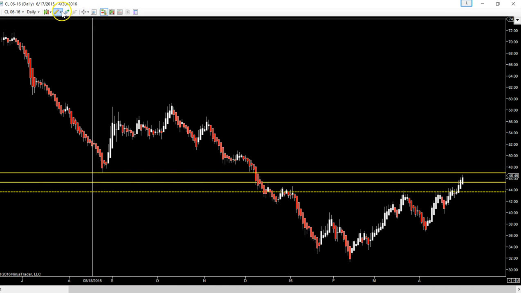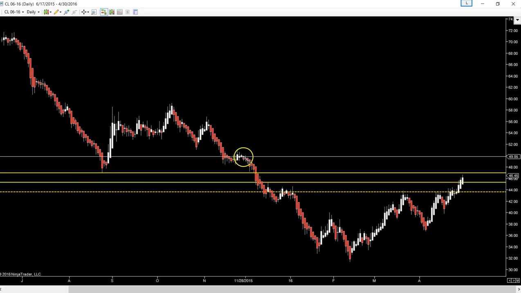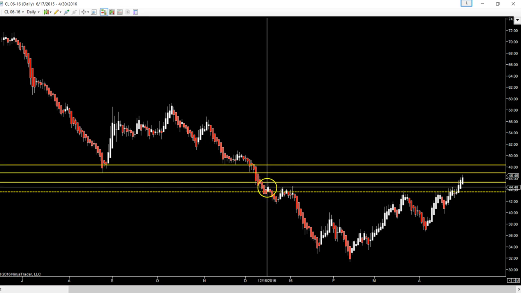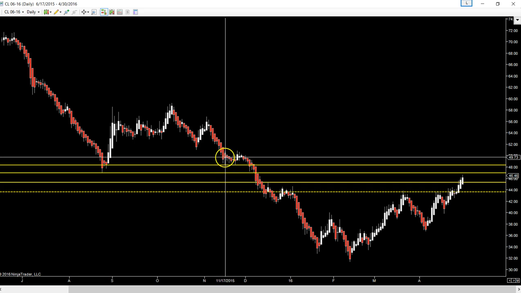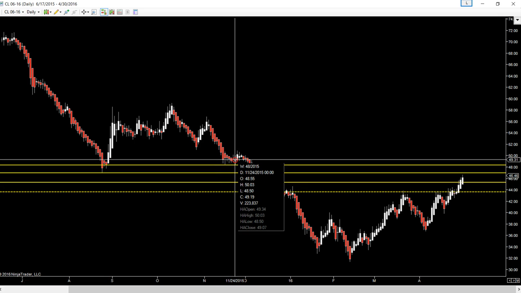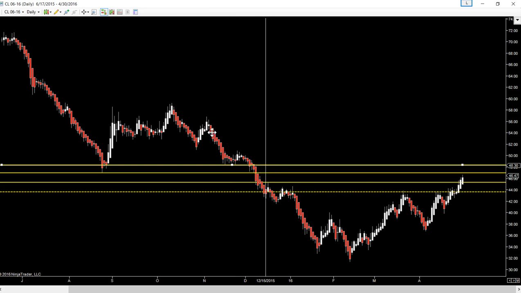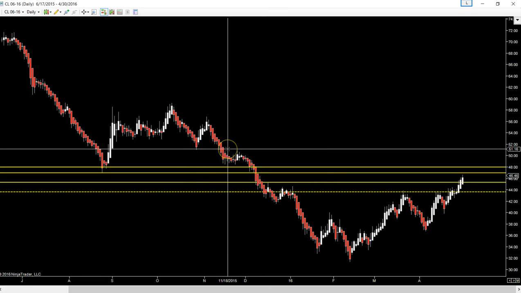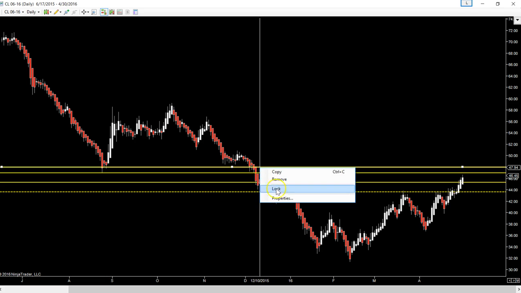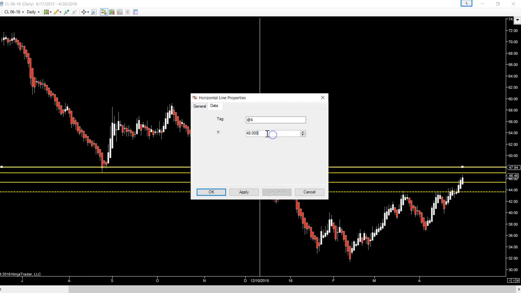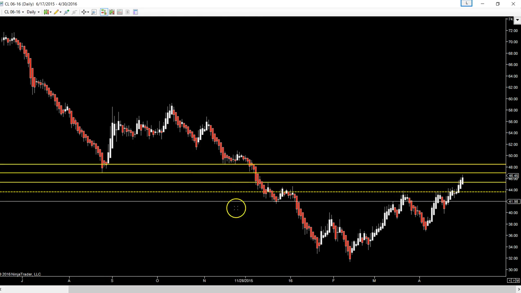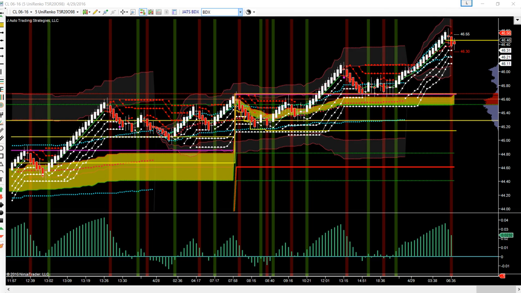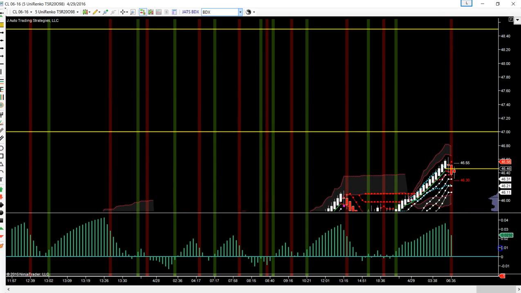If it breaks through that, the next stop is going to be up here, $48.50. Okay, so I've got my levels on my charts. And there they are.